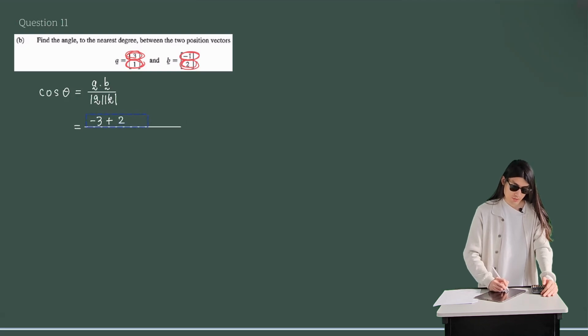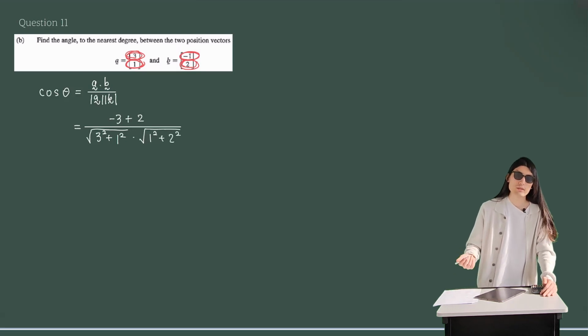Now the magnitudes of each of the vectors, that's obtained through Pythagoras' theorem, isn't it? So magnitude of a is the square root of 3 squared plus 1 squared, multiplied by magnitude of b is minus 1 squared plus 2 squared.